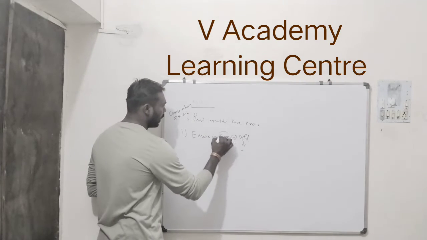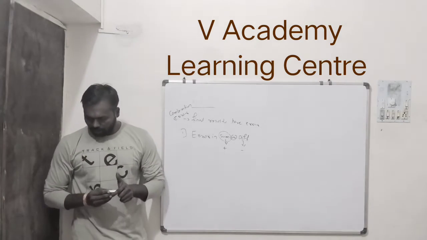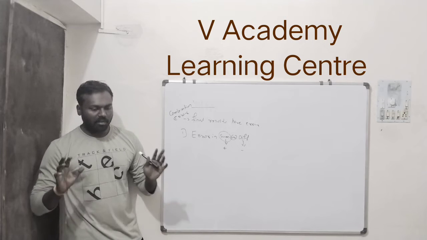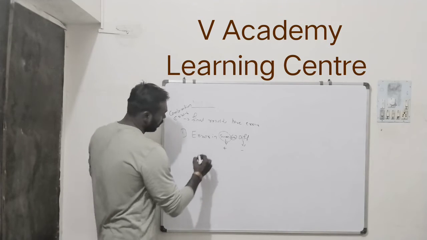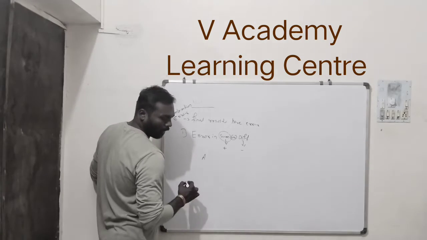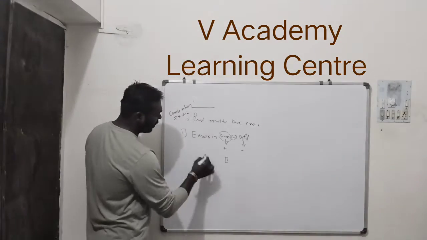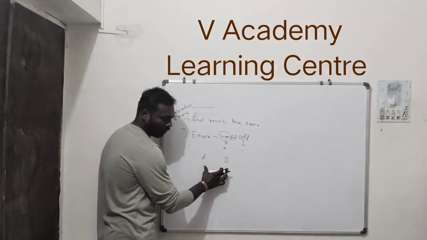Let us first take sum. For this, we take any two measured physical quantities, like the sugar level A and B. We need two physical quantities.